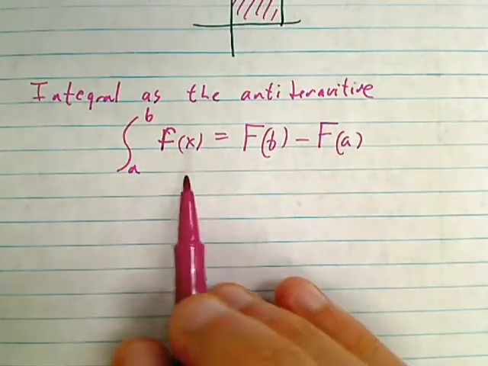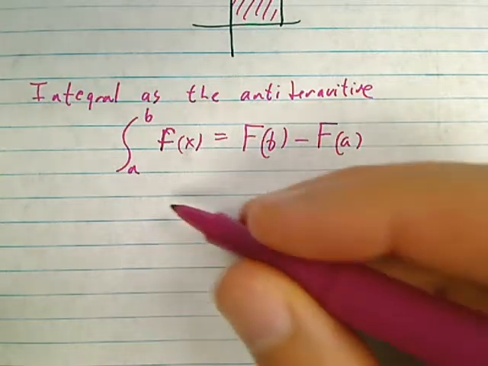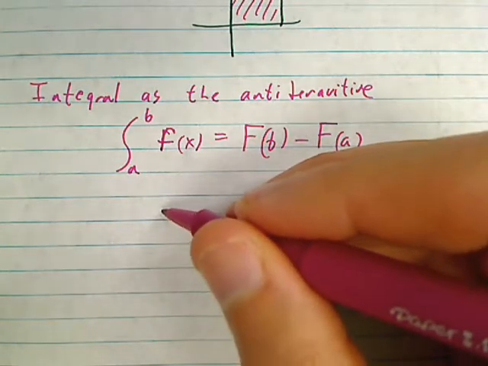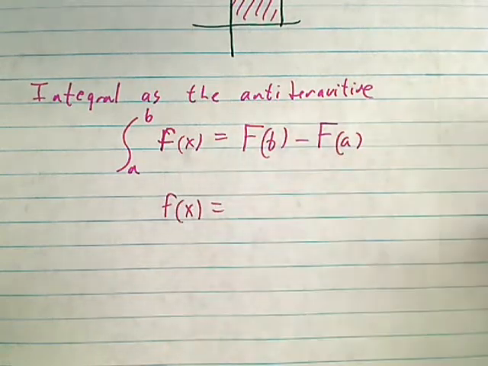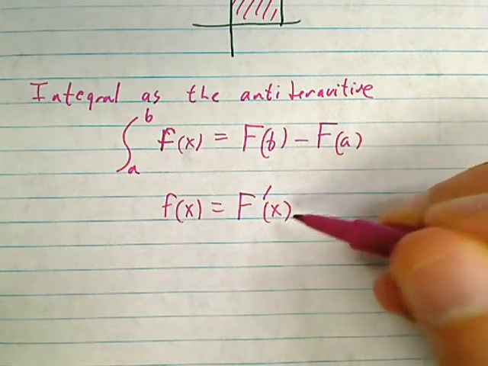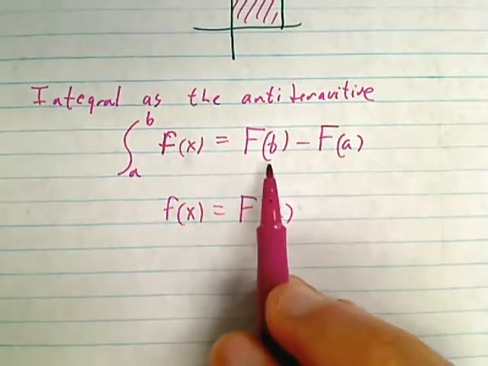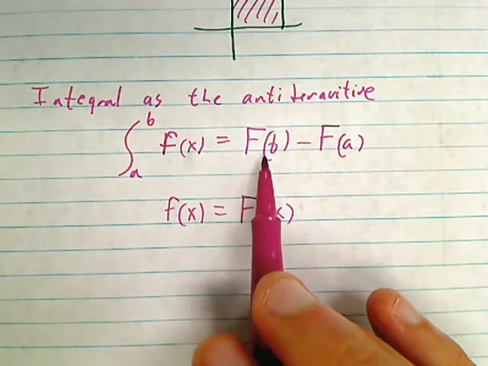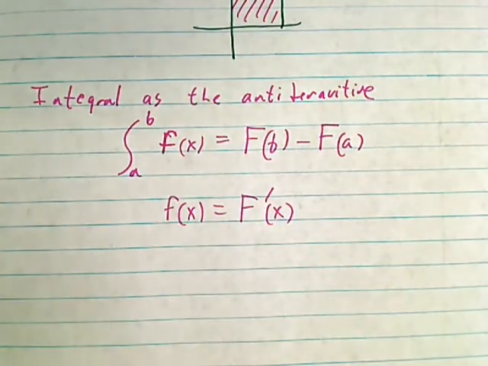Okay, and this gives us, well, what is capital F? Let me say f of x is the derivative of capital F of x. So this is the antiderivative, the opposite of the derivative. I have to find some function in which the derivative will give me the function that I started with.